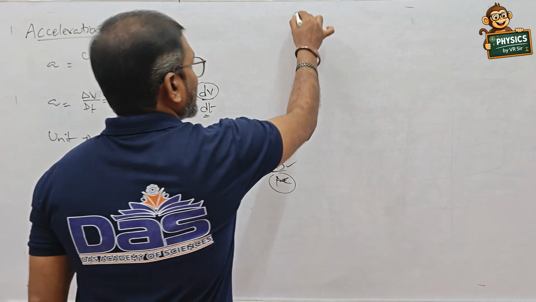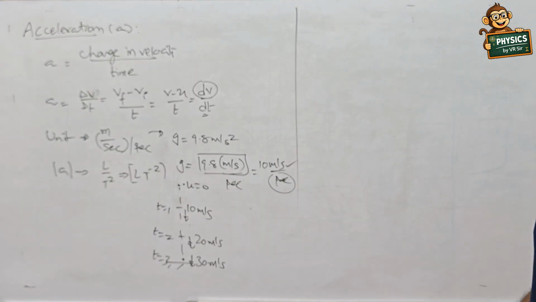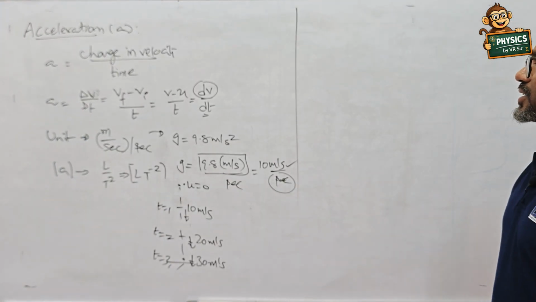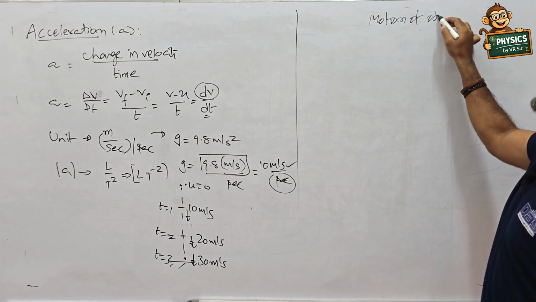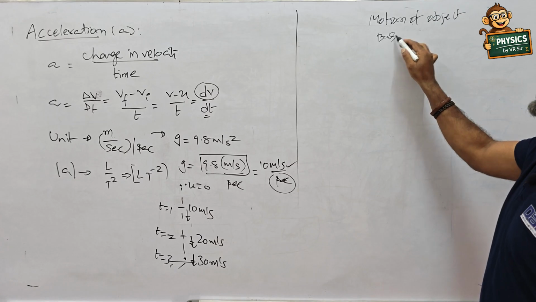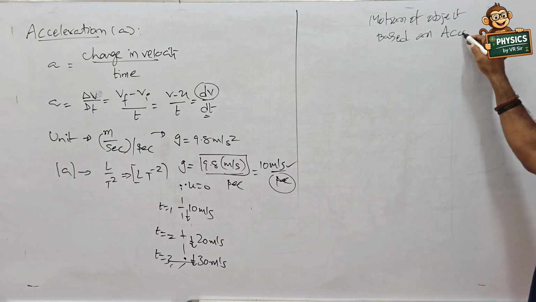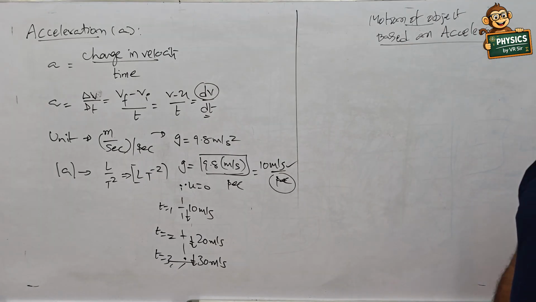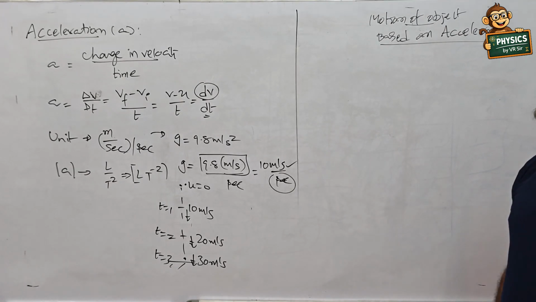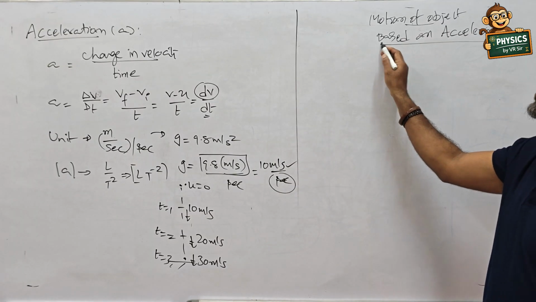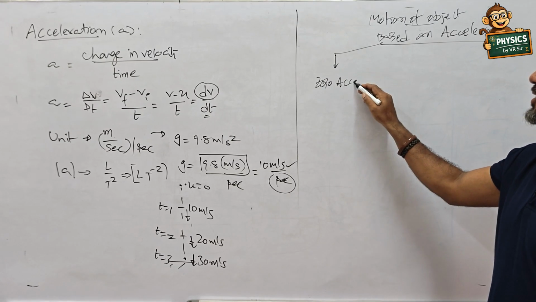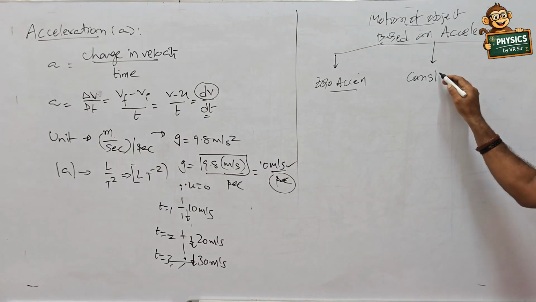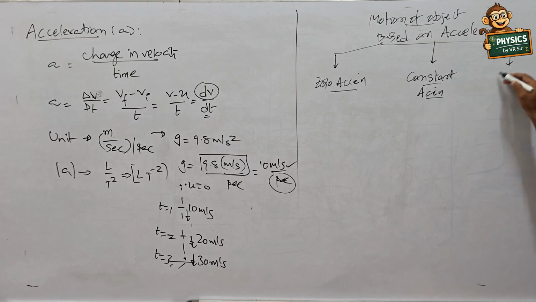Now, how many cases of acceleration can we see? Consider the motion of an object; based on acceleration we see the cases. So, for the entire kinematics, from the beginning itself, the motion is divided into the first case, zero acceleration; the second case, constant acceleration; and the third case, variable acceleration.